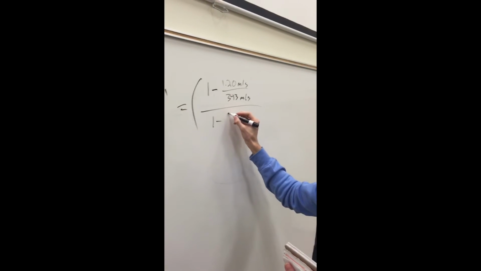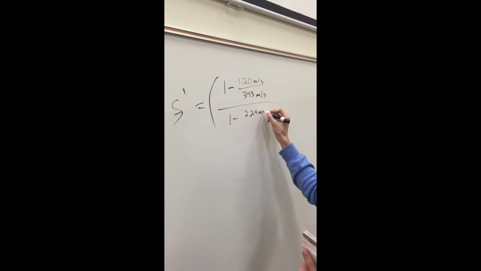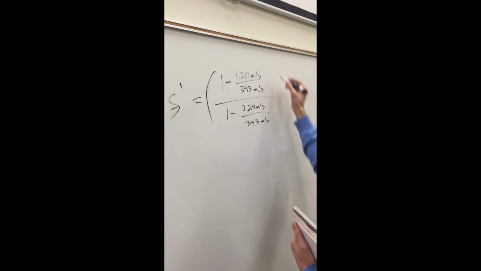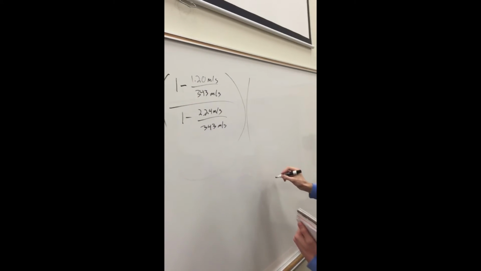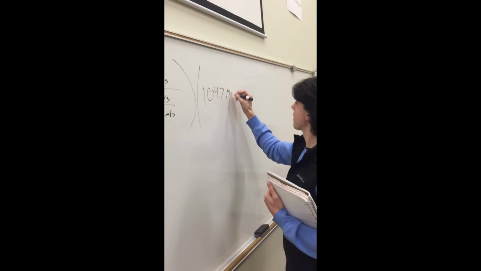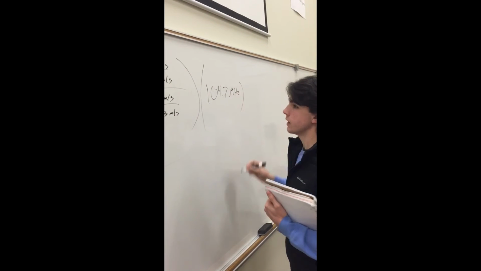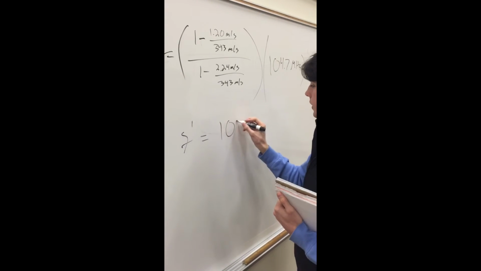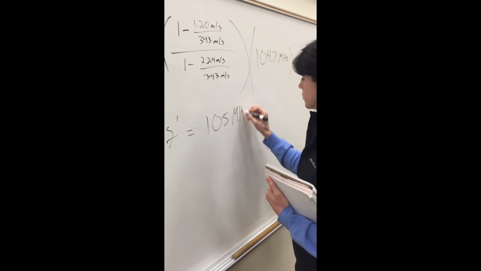And that quantity over 1 minus 2.24 meters per second over 343 meters per second. And we take all of this and multiply it by El Grande. And this final answer comes out to be 105 megahertz.